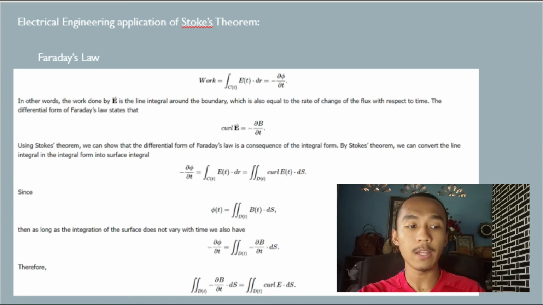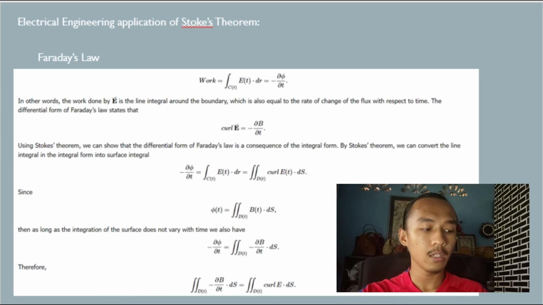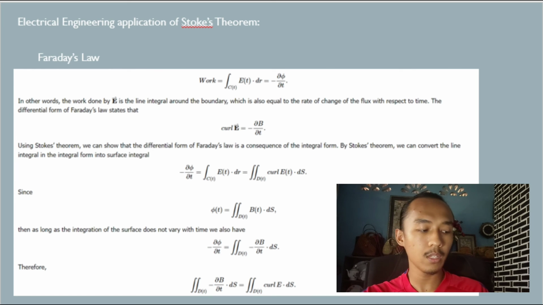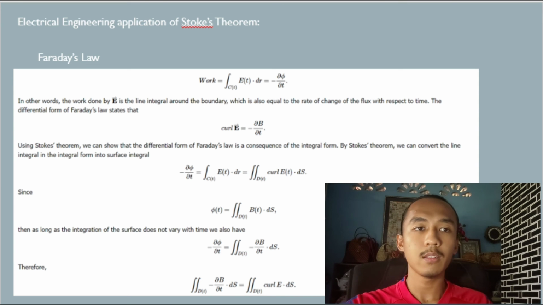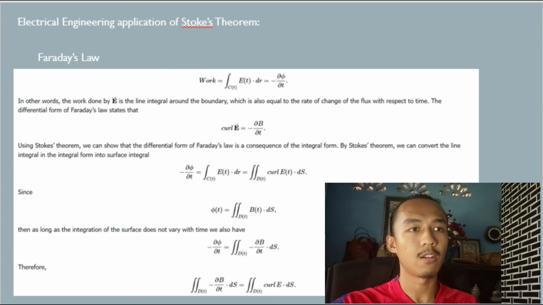It can be used to derive Faraday's law. In the context of the electric field, the curl of the electric field can be interpreted as the negative of the rate of change of the corresponding magnetic field with respect to time. And this is the derivation of Faraday's law.